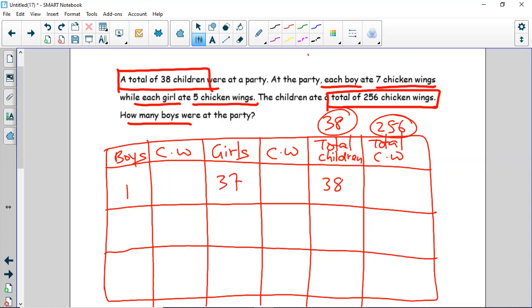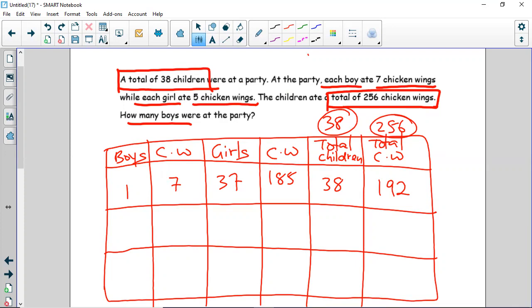And 1 boy ate 7, so 1 times 7. 37 girls will be 37 times 5, you get 185 chicken wings. And how many chicken wings eaten altogether? You take 185 plus 7, that'll be 192 chicken wings altogether, which is the wrong total. Okay, that's the first row.